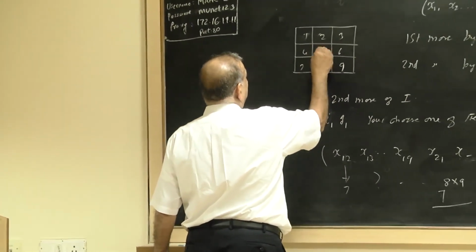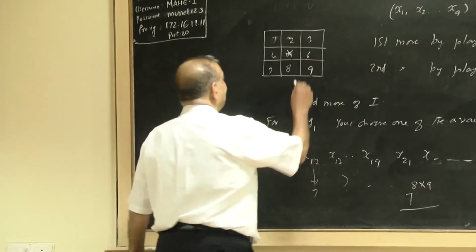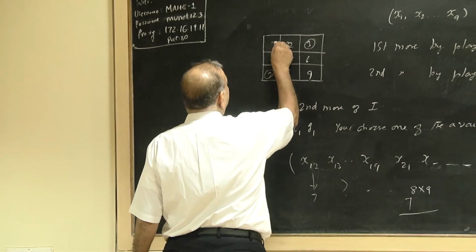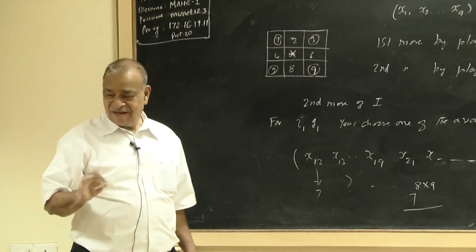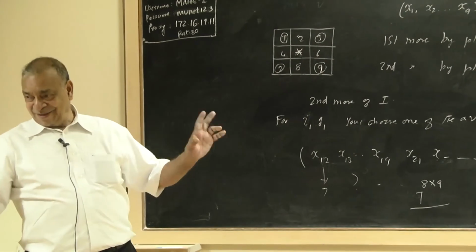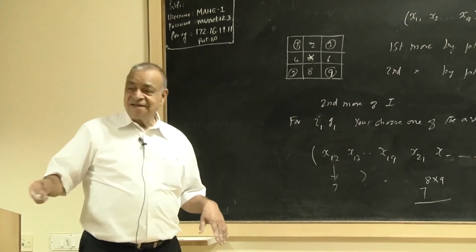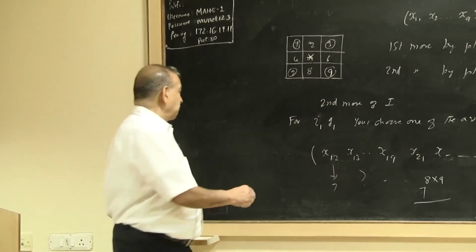For example, suppose this is chosen by player 1. This is chosen by player 1. For you, whether you choose this or this, or this or this, they are all in some sense the same; that's the kind of symmetry. Normally, when children play the game, you have only 2 options.